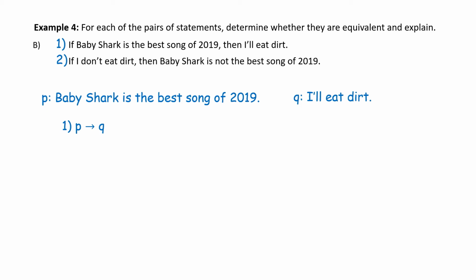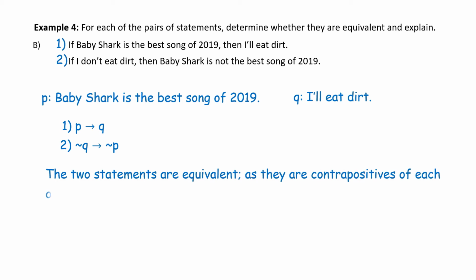That would be not P. So symbolically, not Q implies not P. Those two statements are equivalent as they are contrapositives of each other. A conditional statement and its contrapositive are logically equivalent.